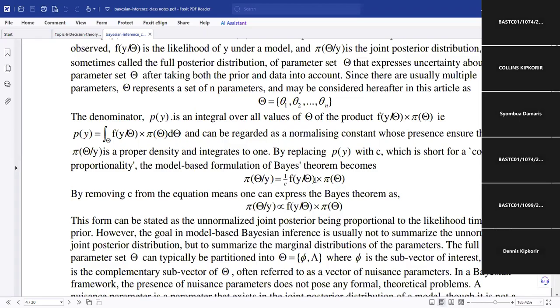So this is the likelihood multiplied by the prior distribution. By removing the constant from the equation, one can express the Bayes theorem using the proportionality sign. So we are saying here that the posterior distribution is directly proportional to the likelihood multiplied by the prior.